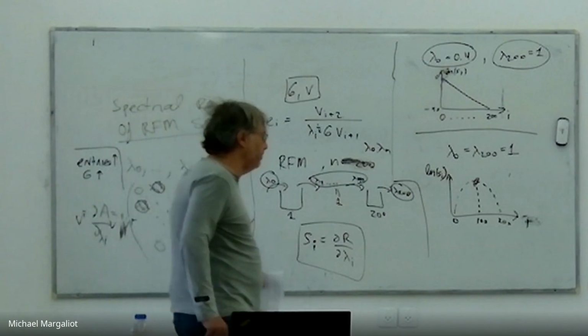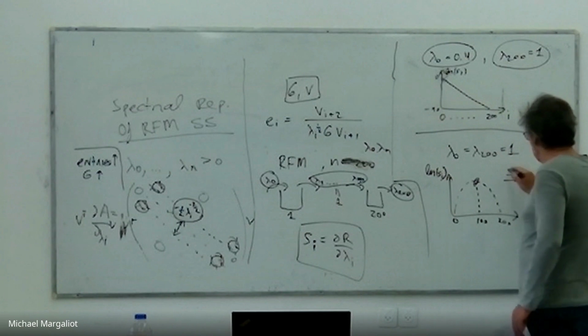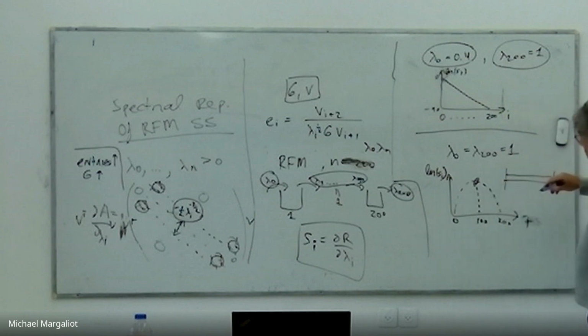You know that when you build a bridge, and you want to make sure that the bridge will not develop too many oscillations, the best place to strengthen the bridge is in the middle.